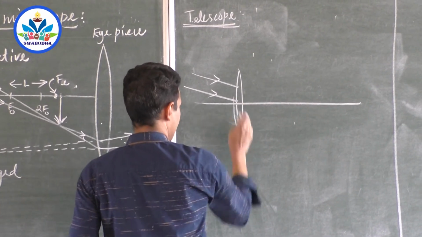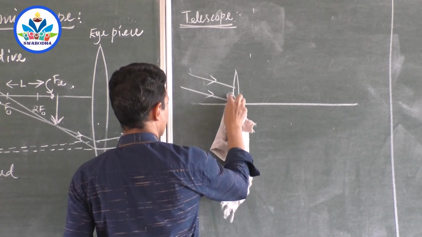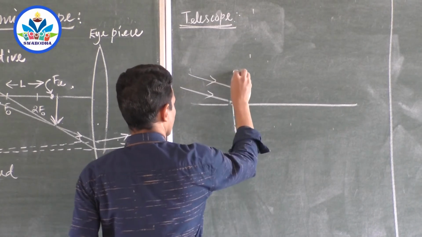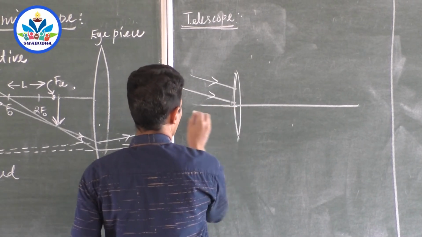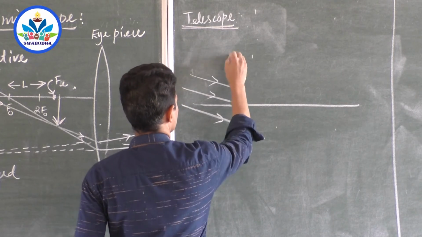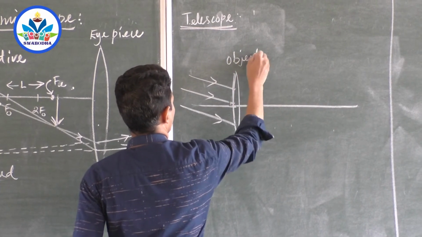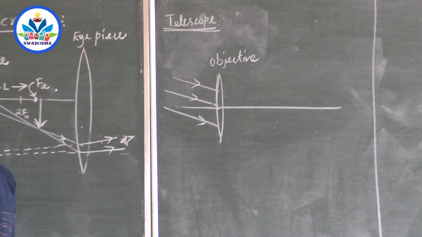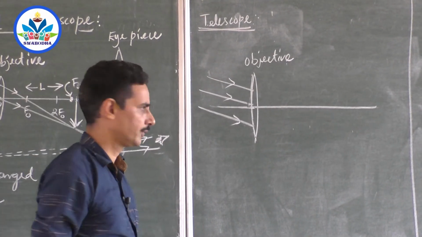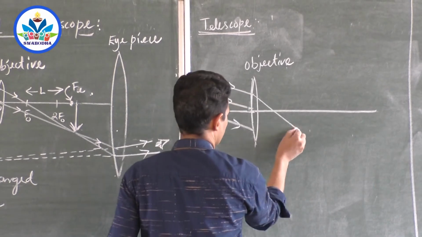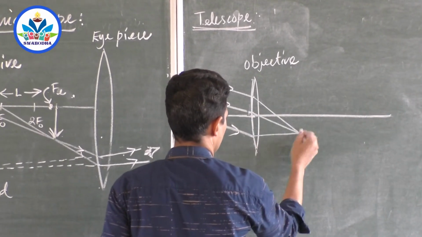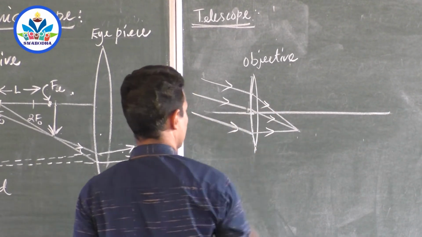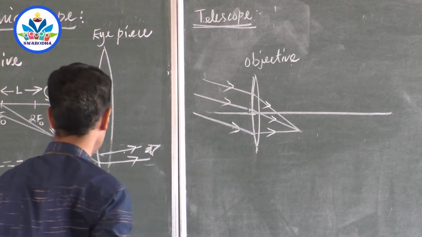So let the parallel rays of light be incident on the objective. Now if parallel rays are incident on a lens, you know what happens to them? They come to focus. So this is the focus, where they get focused. The arrow mark for each ray is important.